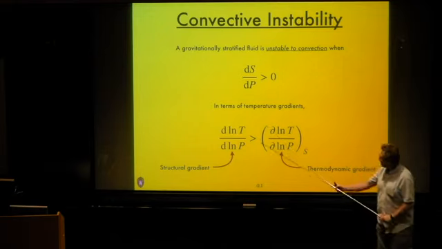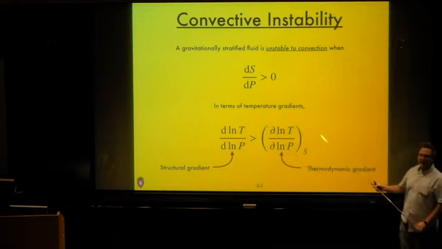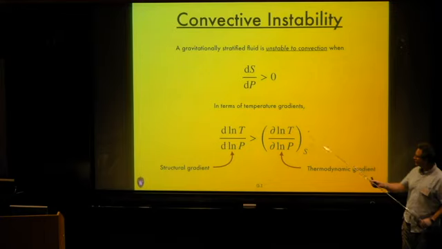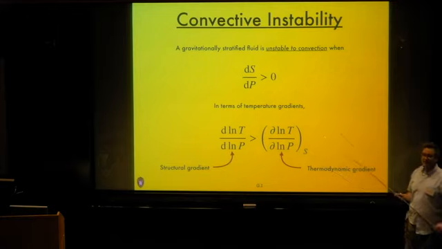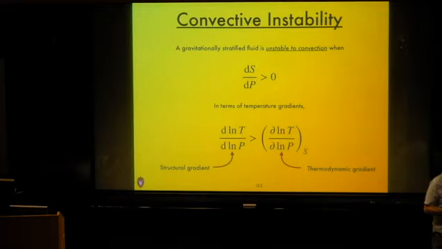On the right-hand side, however, this is a thermodynamic gradient. This tells us how much the temperature would change if I changed the pressure in a way that kept the entropy the same. So this is, for an adiabatic process, the rate of change of temperature with respect to pressure. And it tells us nothing about the structure of the star. It tells us something about the thermodynamic state of the fluid making up the star. So on the left-hand side, something that depends on the star's structure.